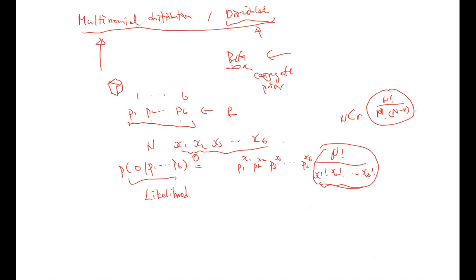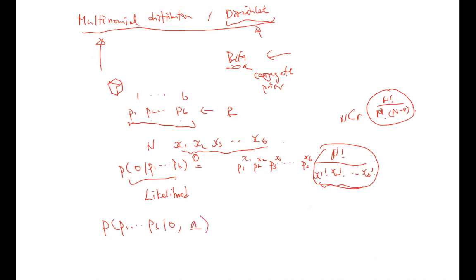So if I want to do Bayesian inference or even just MAP, I want to find, let's say, what is my P1 up to P6 given my observation, and maybe given some prior. Maybe I just draw a vector here.